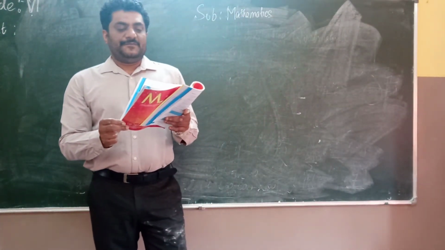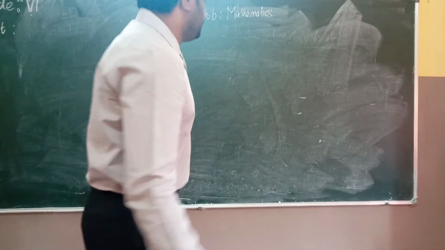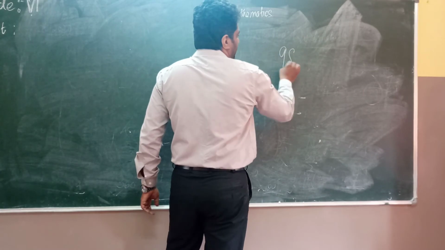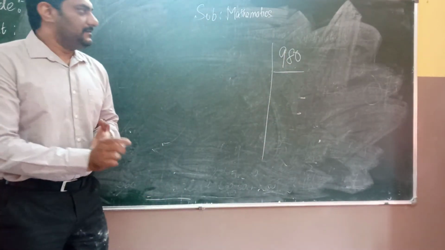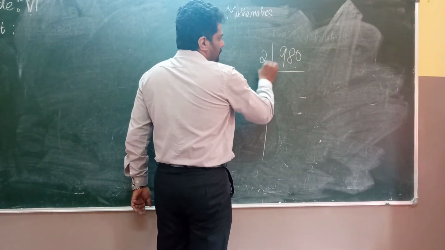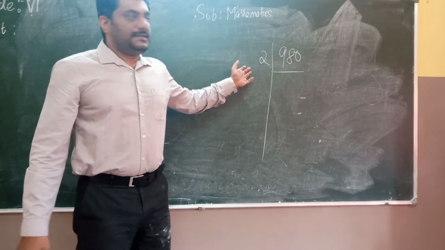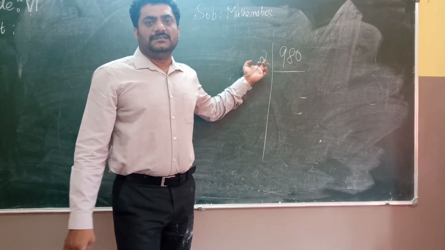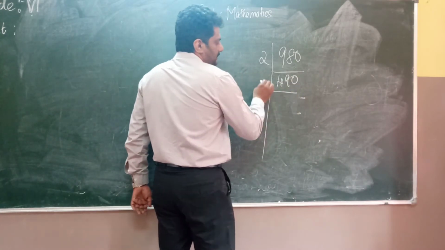Find the prime factorization of 980. You have 980. We have to do a prime factorization. Now, how do we do this? Always start with the least prime number, which is 2. It's an even number, so we can always start with 2. Correct?